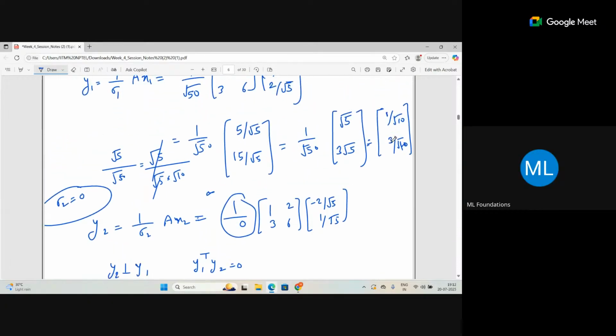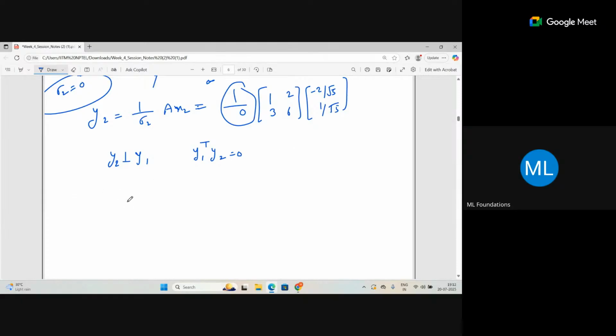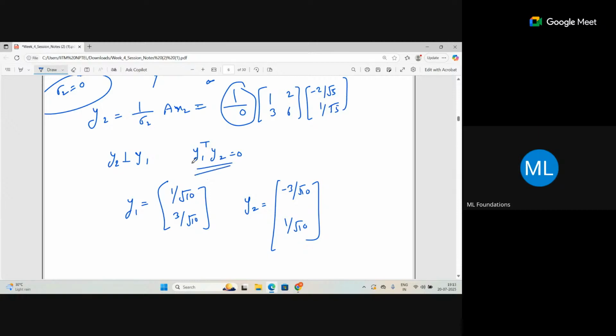If this is my y1, it is 1 by root 10 and 3 by root 10. So what will be the perpendicular vector to this? It will be minus 3 by root 10 and 1 by root 10. Why? If I do this dot product, then I should get 0. So you can check it out.